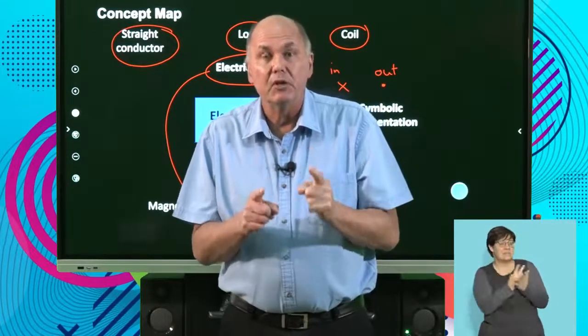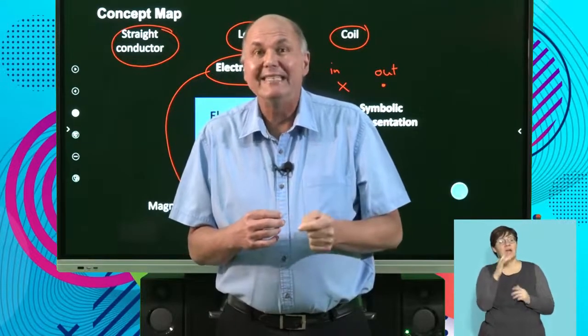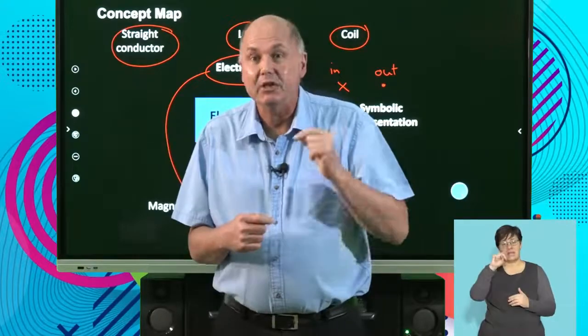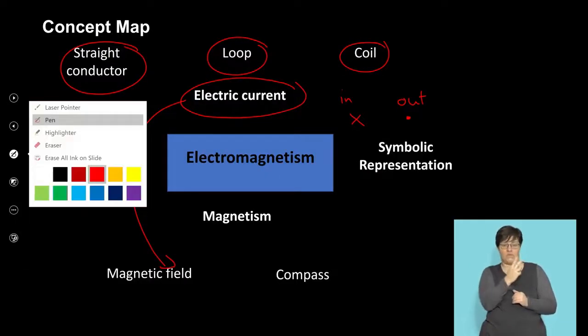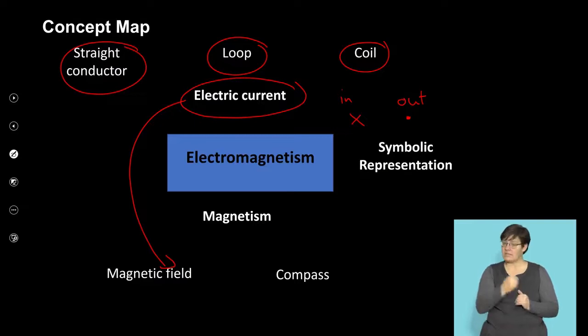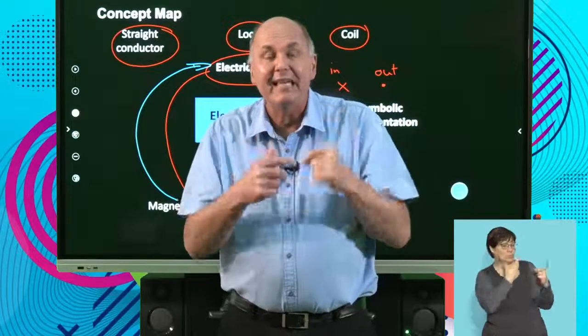Remember, when we were dealing with electromagnetism, we also dealt with the idea of electromagnetic induction. And in this case, we did the converse. In other words, we said, let's take the magnetic field and let's see if we can produce an electric current. And so in that way, we're doing a similar thinking skill.